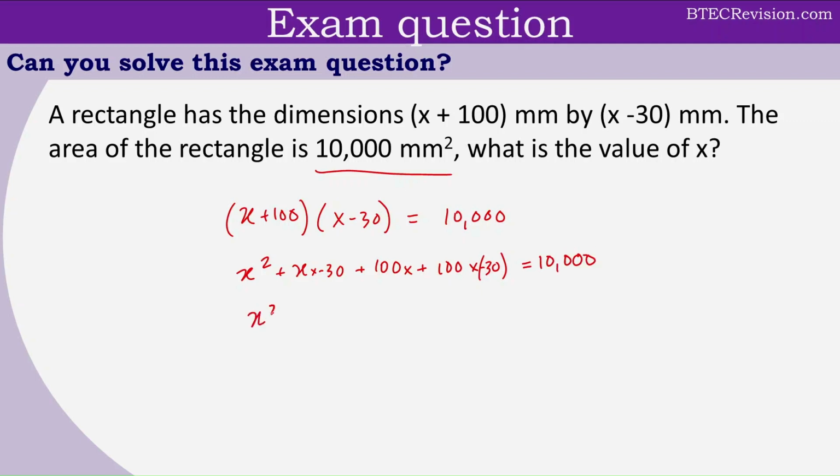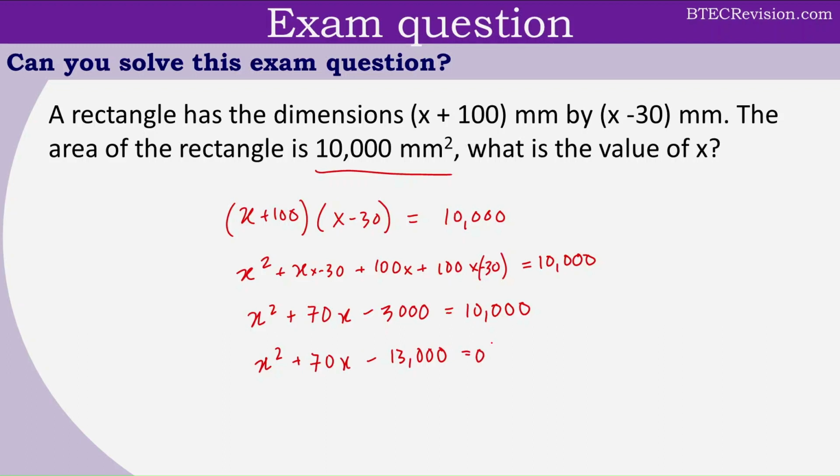Simplifying, we have x squared, take away 30x plus 100x, so that's going to be plus 70x, and take away 3,000, that's equal to 10,000. Now we want to bring this 10,000 over to the left side, so we will finally get x squared plus 70x, take away 13,000 is equal to 0.